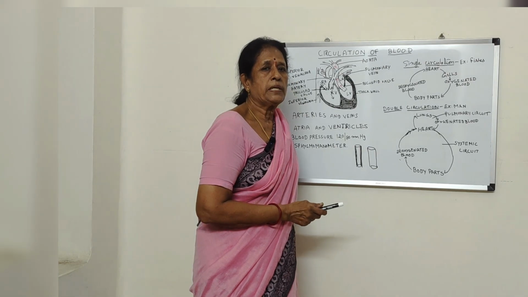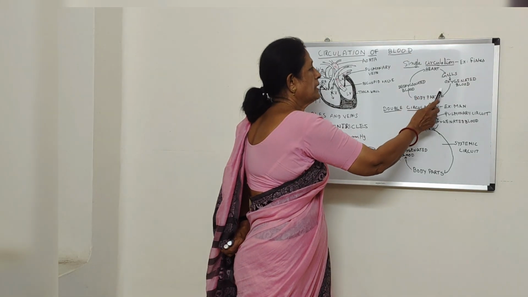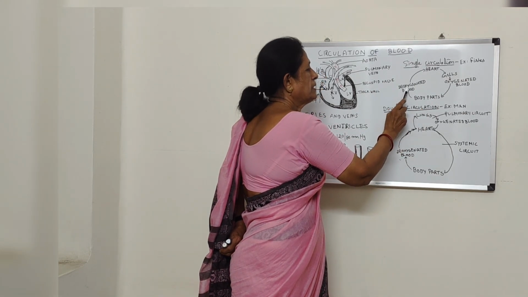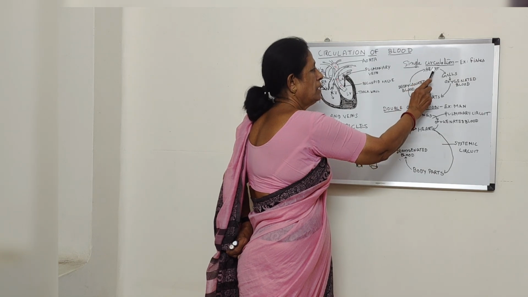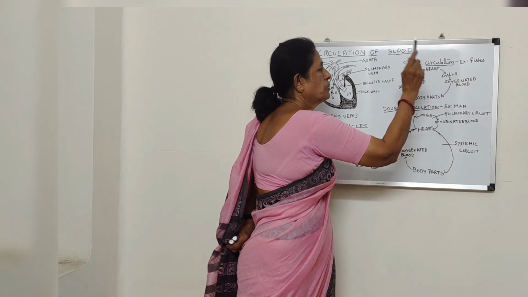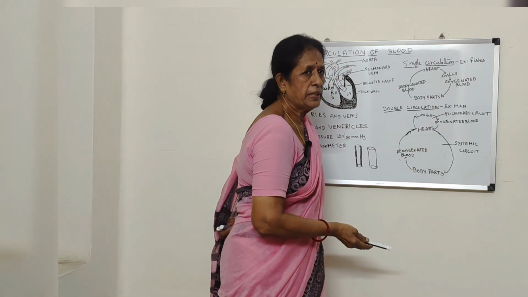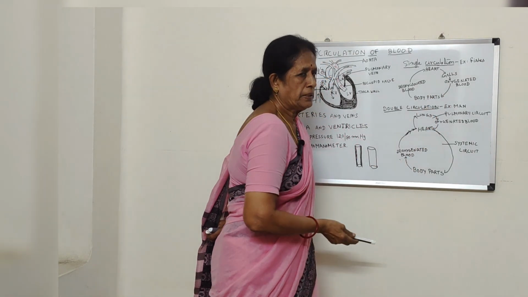In fishes, as told in the previous class, the respiratory organs are gills. From the body parts, the deoxygenated blood is collected by the veins and carried to the heart. From the heart, the blood goes to the gills. In the gills the blood gets oxygenated, and the oxygenated blood goes back to the body parts.